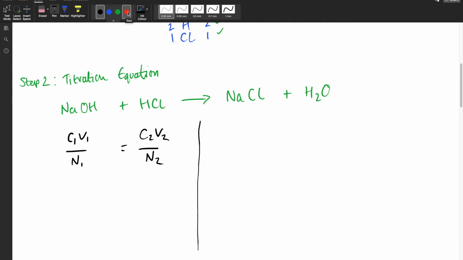I am going to put the alkali in blue, so that's my alkali there. I'm going to put my acid in red. If I'm talking about my alkali, that would be C1, V1 and N1, and we're going to write down what we know from the question. If I'm talking about my acid, that will be C2, V2 and N2.